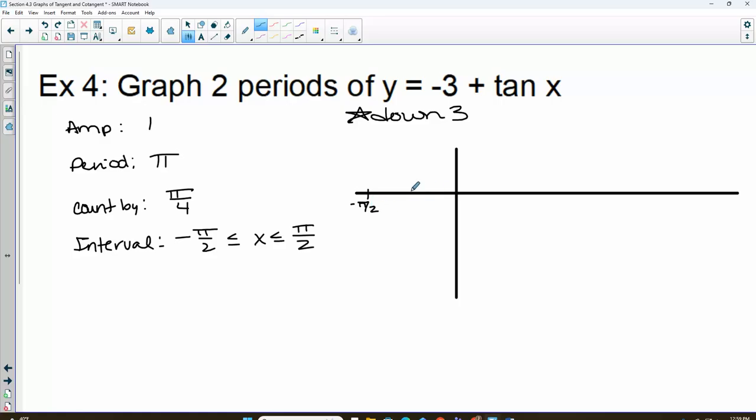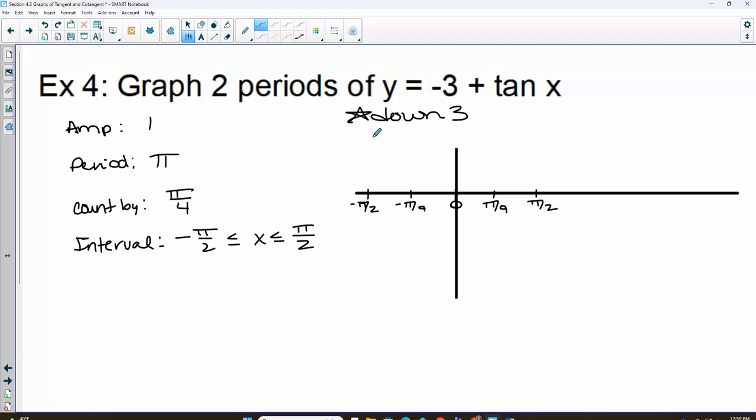Add pi over 4, so we get negative pi over 4. Add pi over 4, we get 0. Pi over 4, pi over 2. And that's where we said our interval should end.